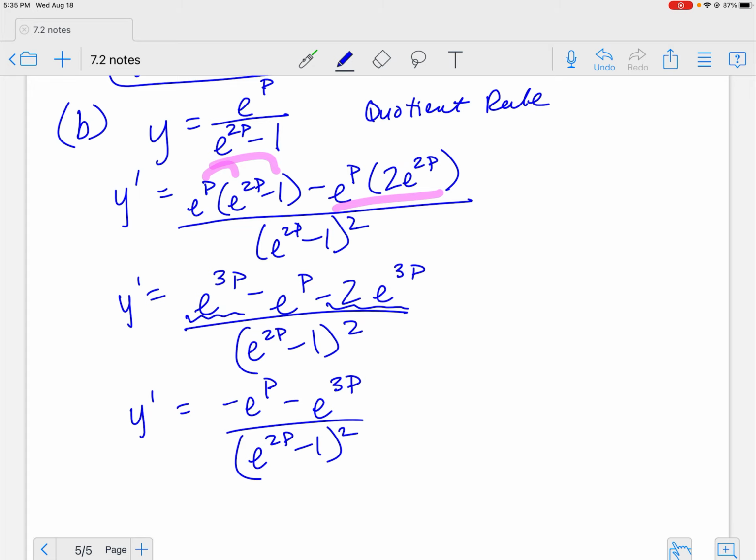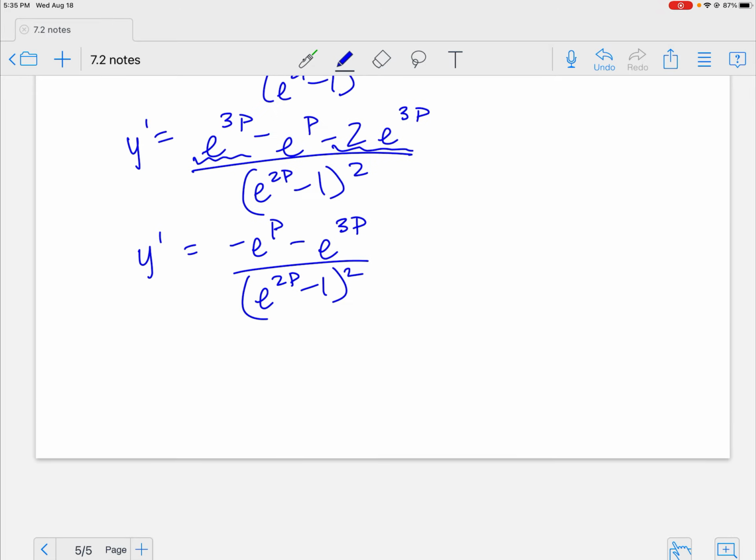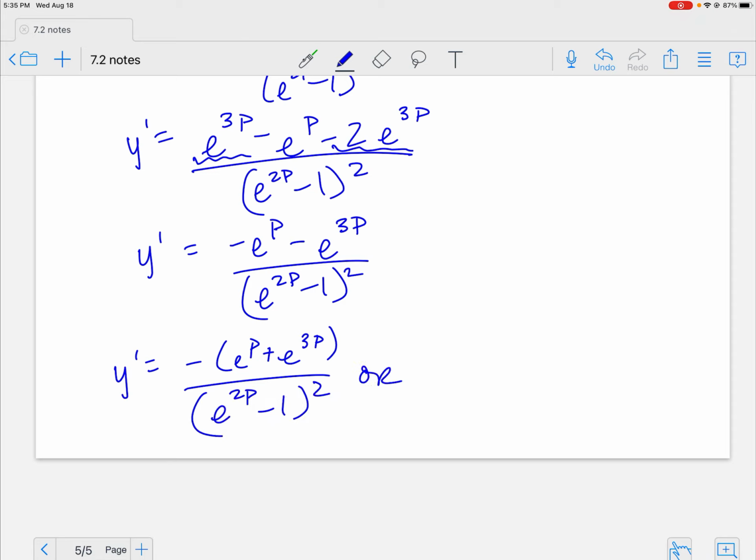So you could factor out just a negative. Oops, that makes that a plus. All over e to the 2p minus 1 squared. Or, if you want to get extra fancy with it, you could say factor out this negative e to the p, and you're left with 1 plus e to the 2p over the same thing.